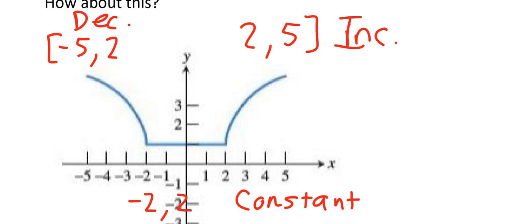Now you'll notice I've left off some things, haven't I? It's because there's a little bit of confusion here. For instance, in second period, I did this. The question came up, why did you make those brackets and those parentheses?